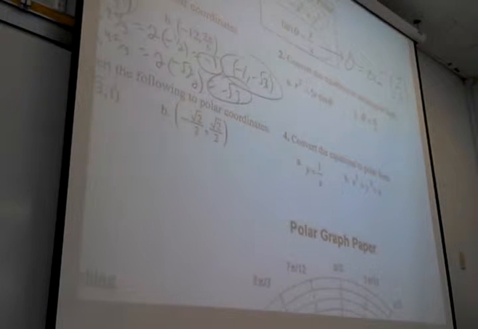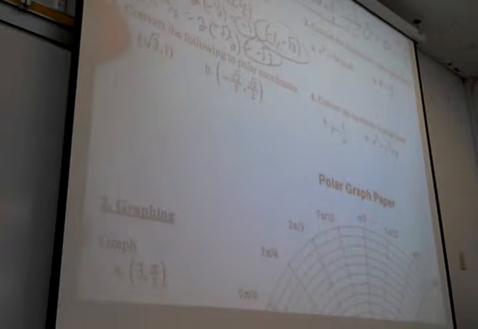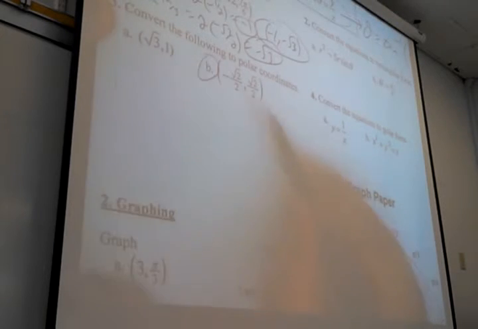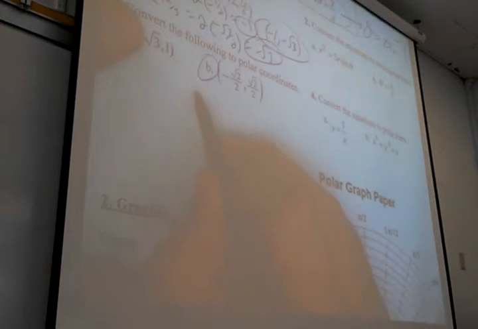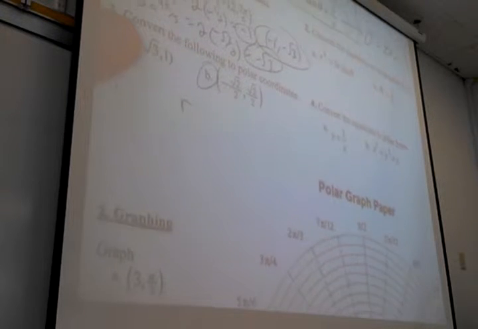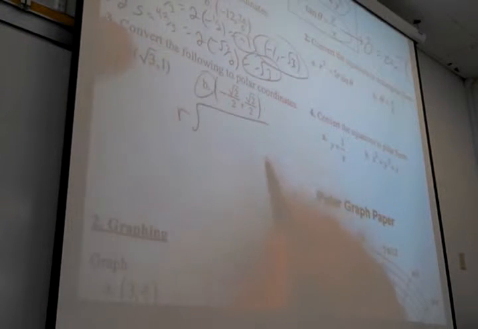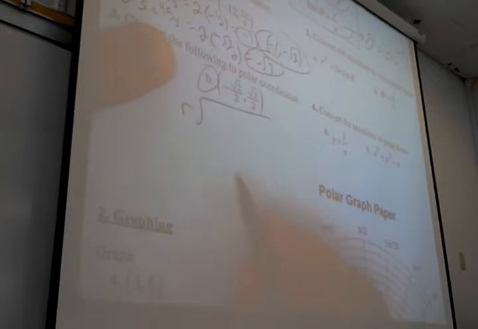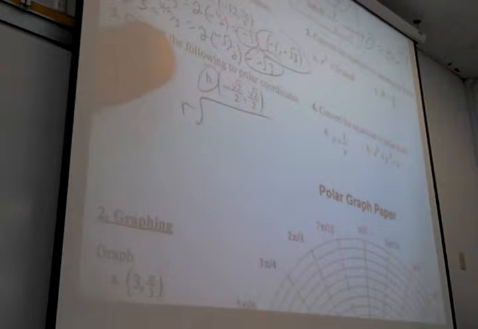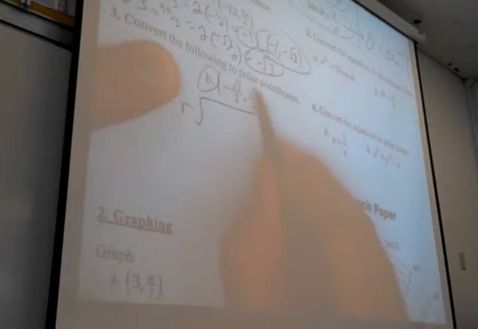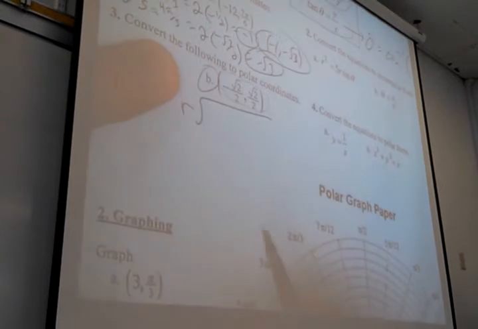Alright. So just to remind you guys, on part B, for example, what would r be? How do I figure out what r is? Square root of 3, yeah, square root, plus 1. So what is this currently in? What coordinates?